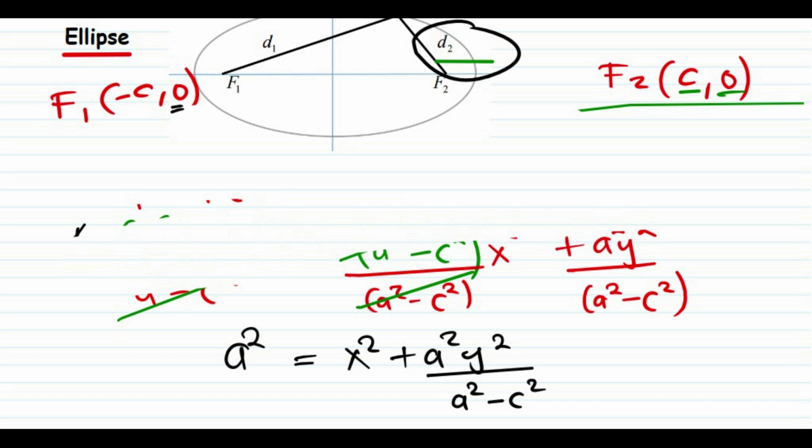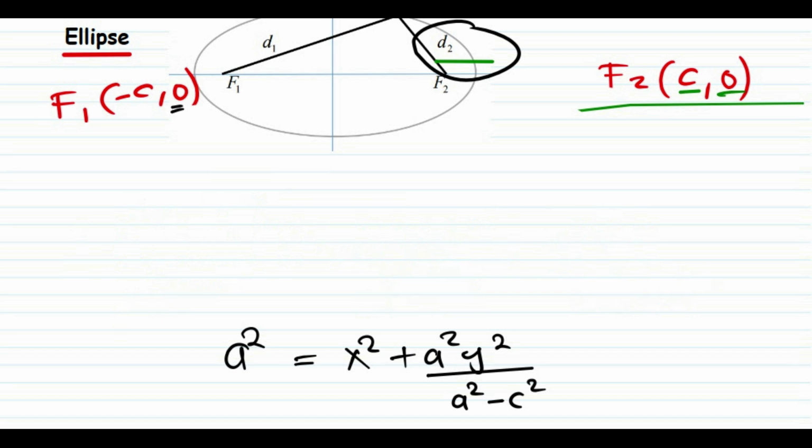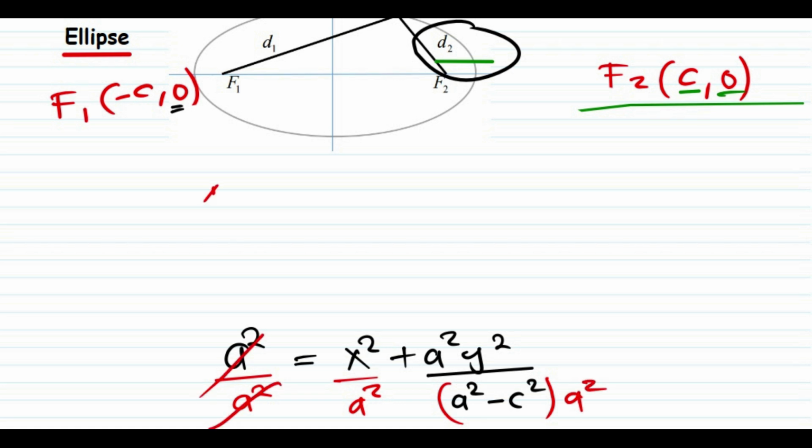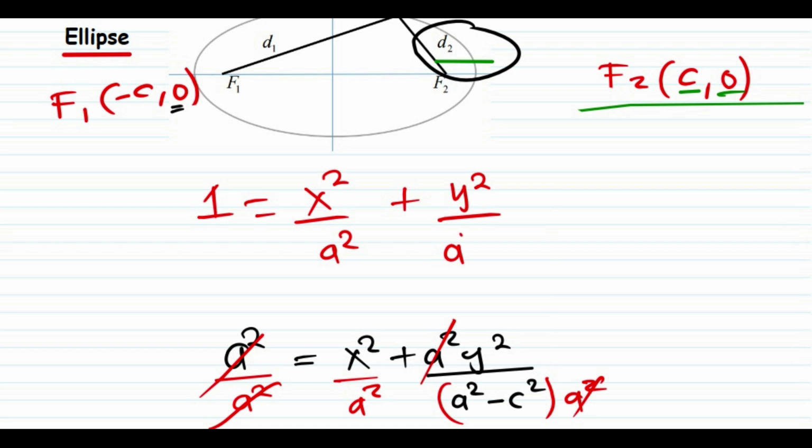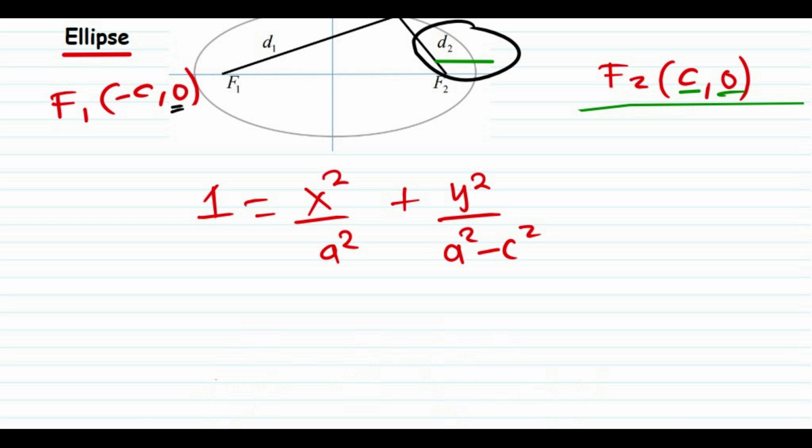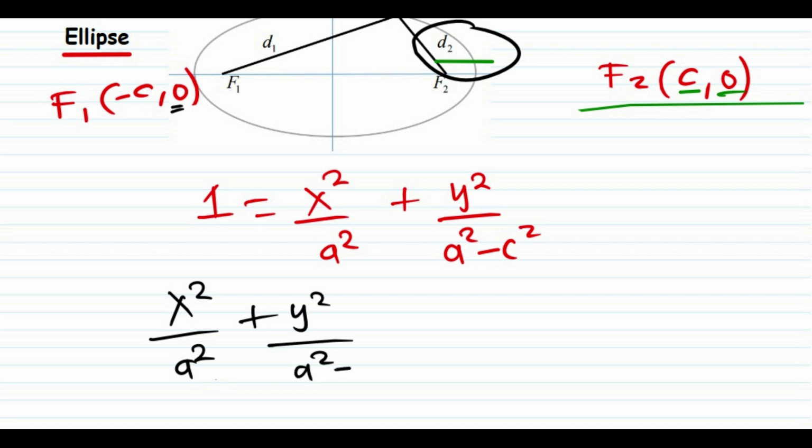We can try to divide again by our a squared. So a squared will divide, so we remain with a 1, and then x squared over a squared plus, that would divide again, so y squared over a squared minus c squared. If we exchange them, we'll have x squared over a squared plus y squared over a squared minus c squared equal to 1.